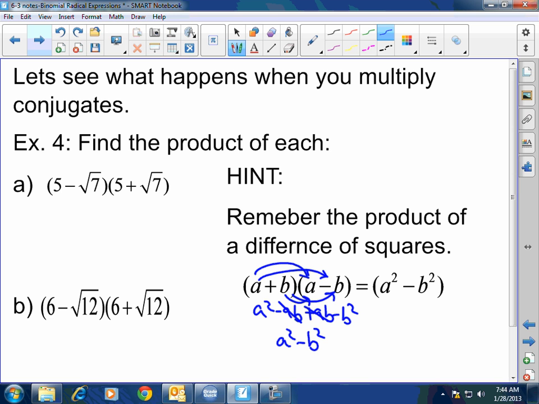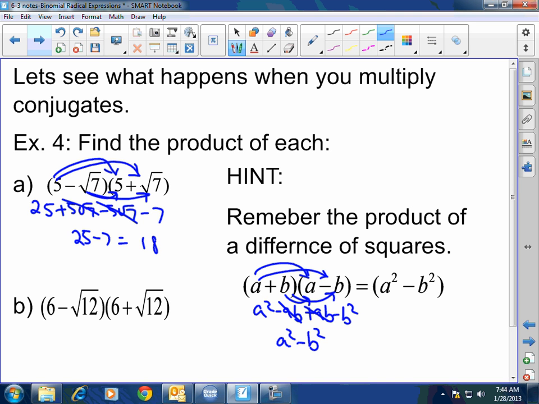The long way is just to distribute. 5 times 5 is 25. Then you've got plus 5 square root of 7 minus 5 square root of 7 minus 7. The 5 square root of 7 and the minus 5 square root of 7 cancel, so I'm left with 25 minus 7, which is 18. That's the long way.